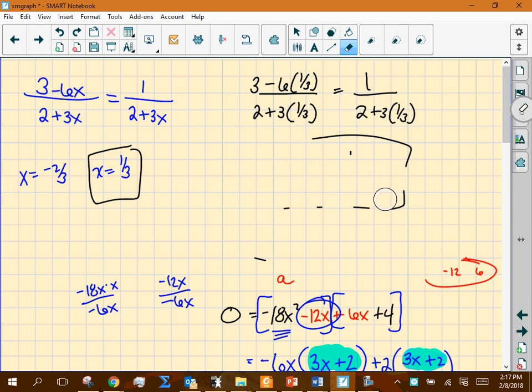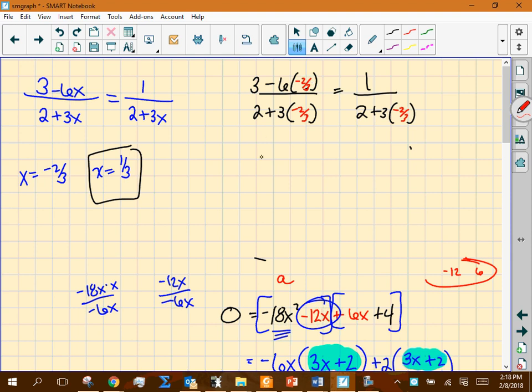Let's try to evaluate the exact same thing, but now let's use negative 2/3. Put negative 2/3 in here, in there, and in there. Up top, okay, what's 2/3 of 6? 4, okay.